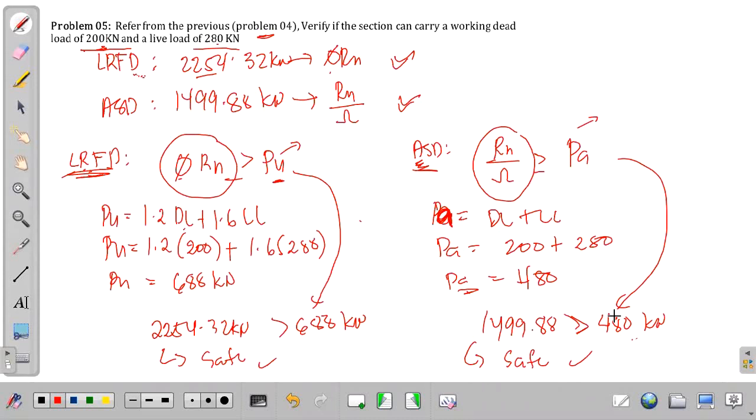So you need to revise your section. So the code states that the design tensile strength is greater than the ultimate load for LRFD, and the allowable tensile strength is greater or equal to the actual load for the ASD. So safe for the LRFD and safe din pagka ASD. Okay? So do you have any question in this part?